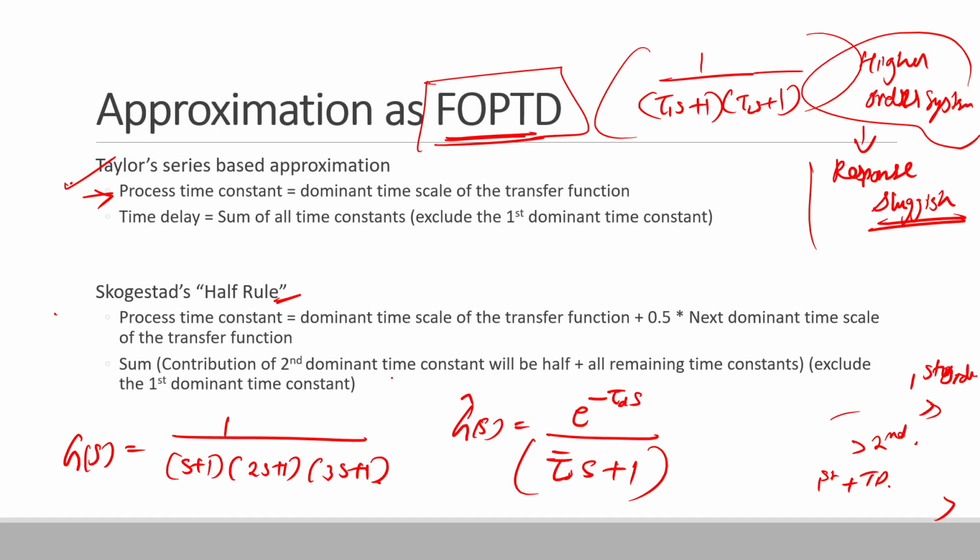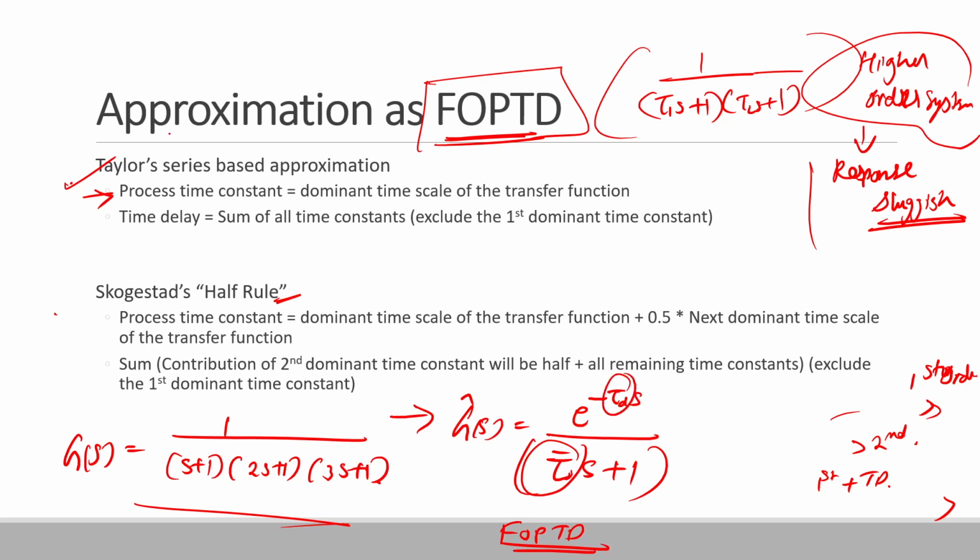My aim here is to transform this higher order system into an FOPTD system. For that I need to find the new parameters of the system, that is the time constant of the process and the delay time.